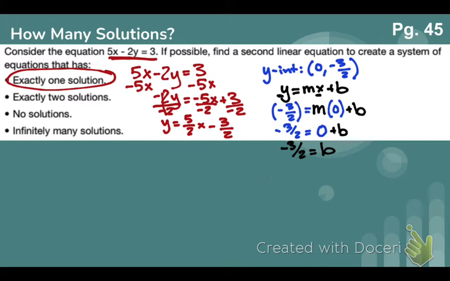So that tells us that if we want another equation that passes through our y-intercept, we want our y-intercept to be the same on our next equation.